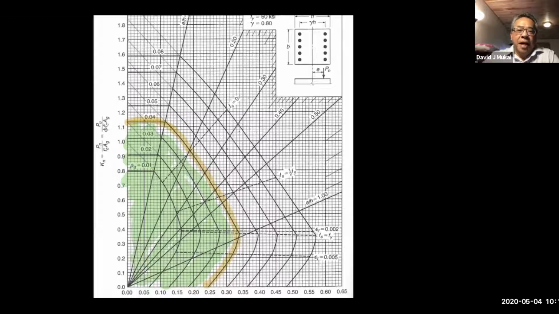So if you have an M and a P that plots inside the line, you're safe.